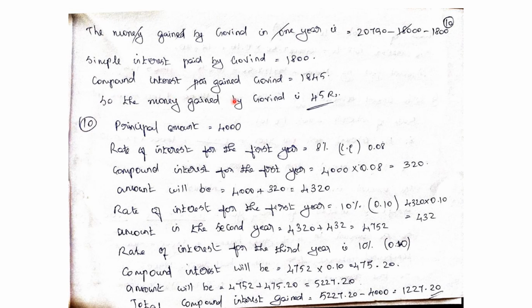Compound interest gained by Govind is 1,845. Okay, so the money gained by Govind is 1,845 minus 1,800, only 45 rupees. Okay, we'll see the next sum, 10th one.